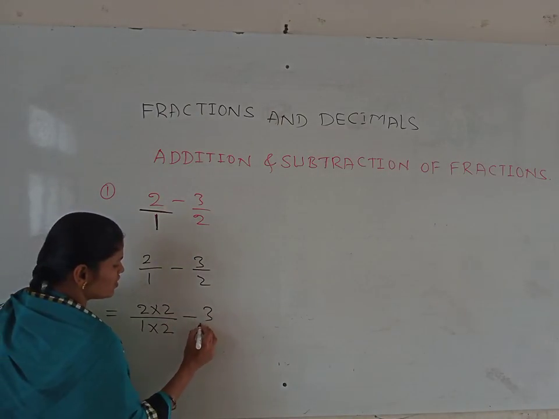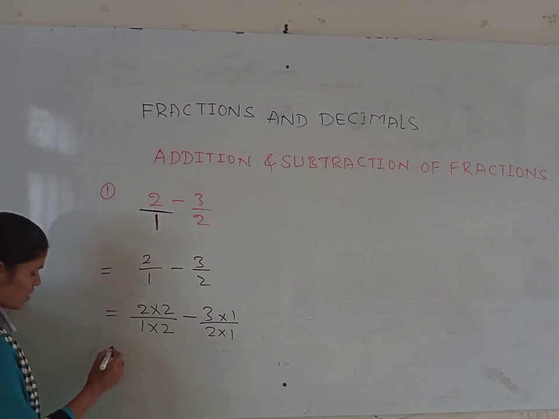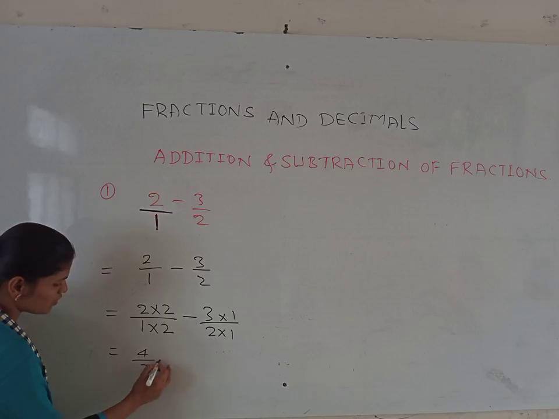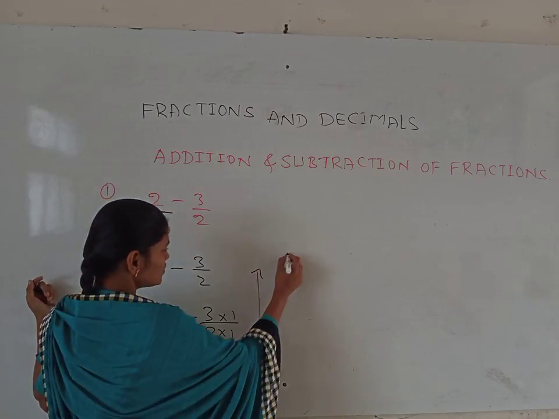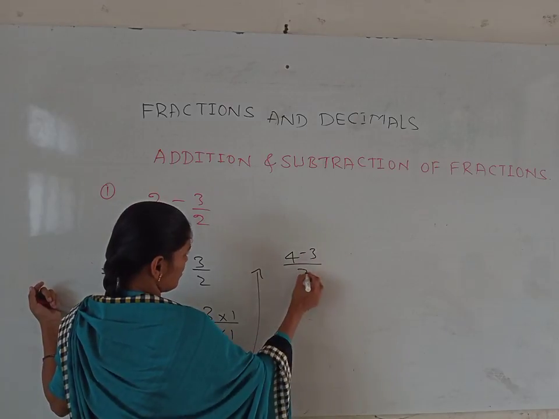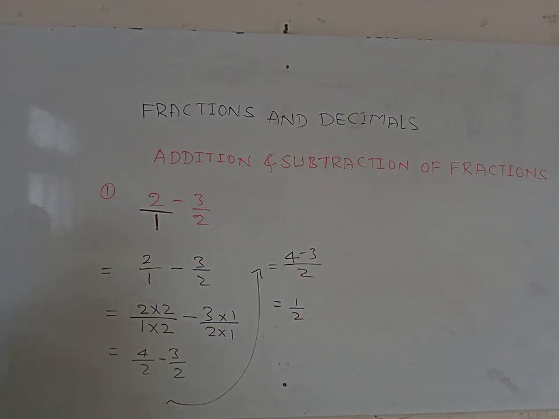Next 3 divided by 2, 1s are 2. Now 2 2s are 4 by 2 minus 3 1s are 3 by 2. So your answer, 4 minus 3 divided by 2, is 1 by 2. Is it clear?